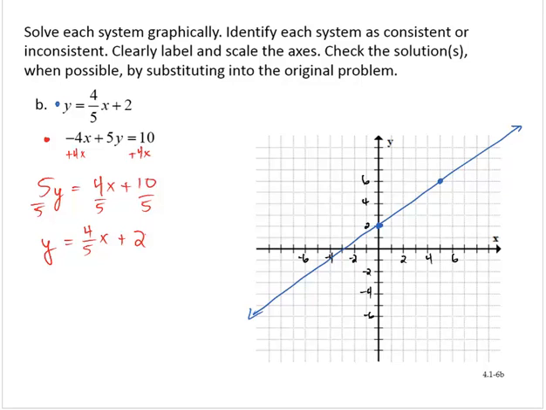And it's the same line. So I would draw over that same line, but now in red, and I'll do my best to do that. So here we have the same line.